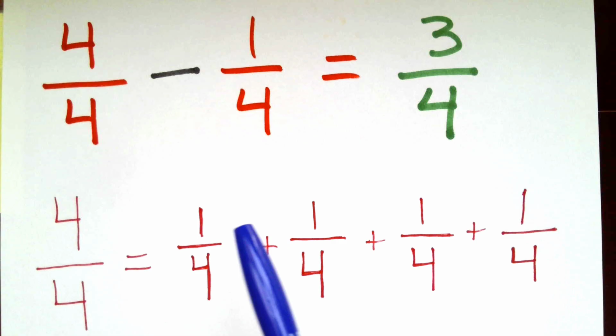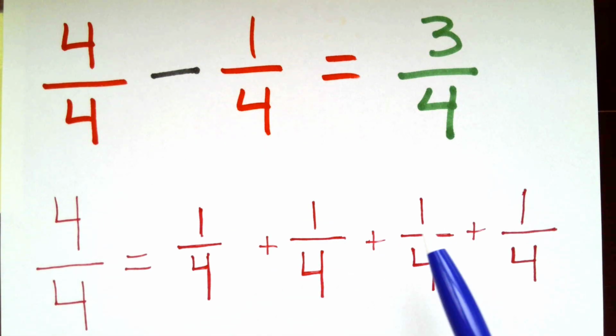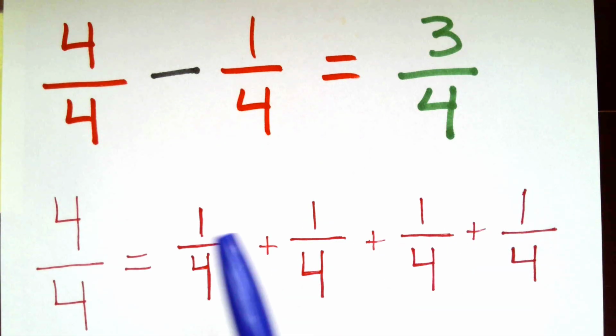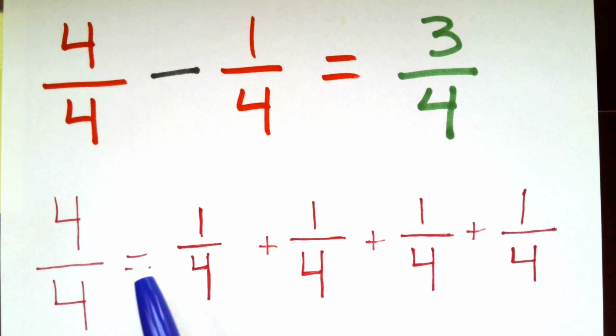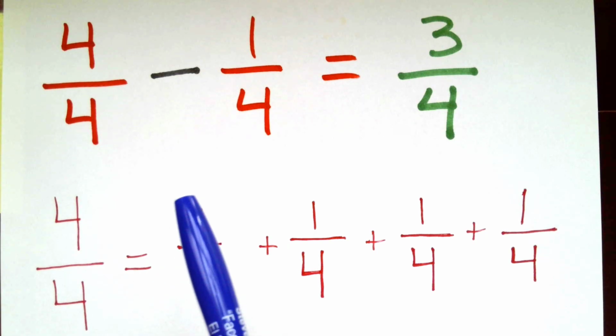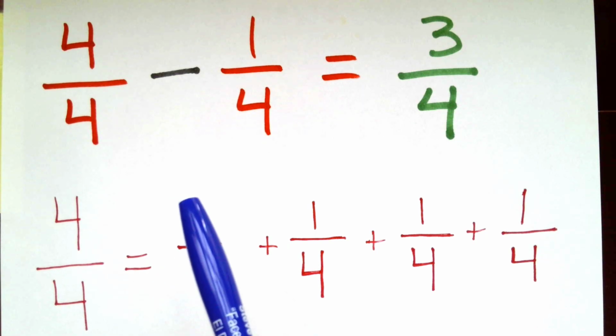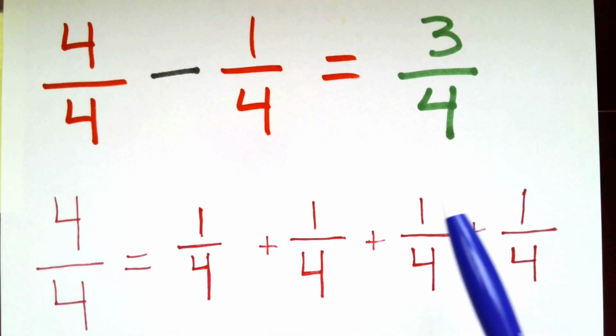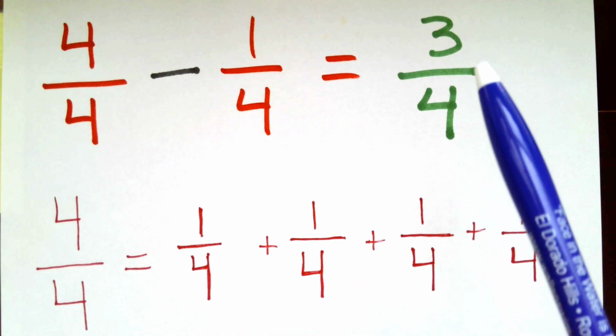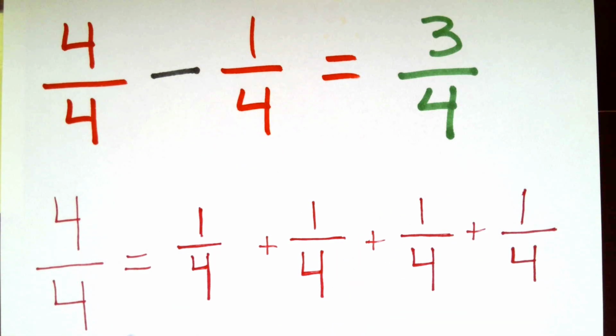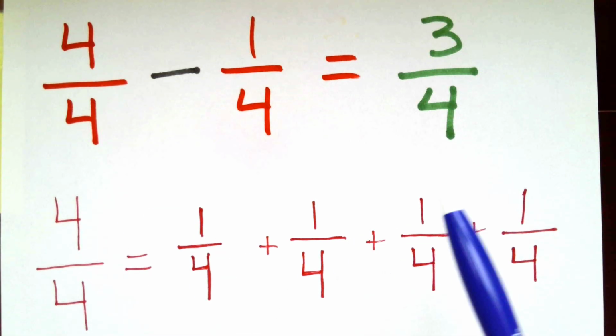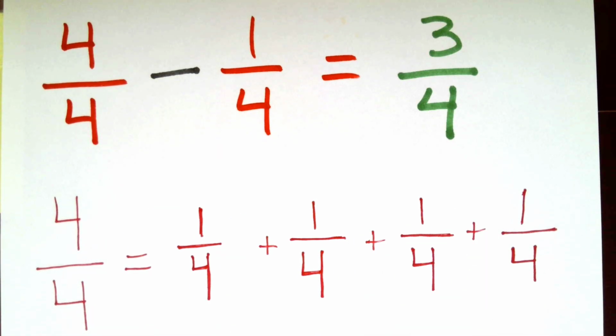So 1/4 plus 1/4 plus 1/4 plus 1/4 is one whole. If you were to take away 1/4, you'd be left with 1 plus 1 plus 1, which is 3/4. So that's just another way of looking at fractions if you have a hard time understanding fractions.